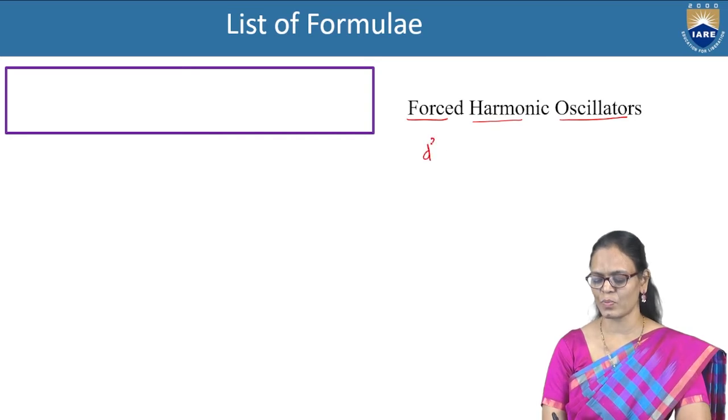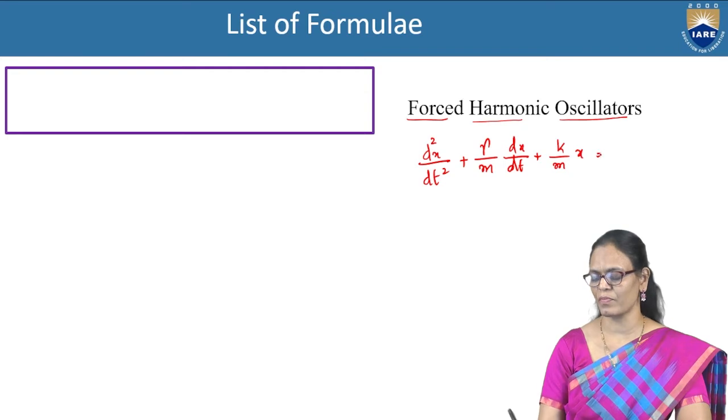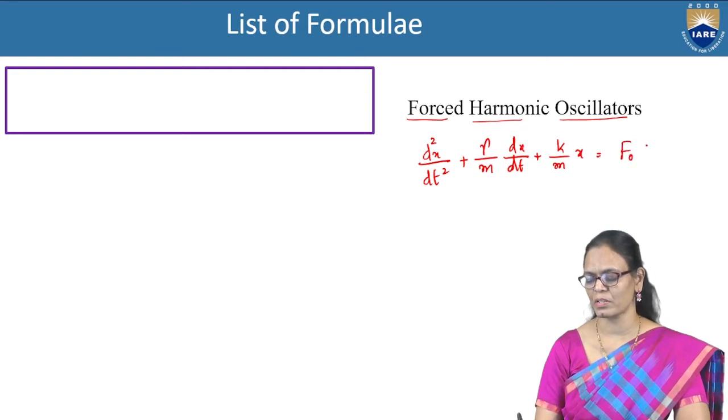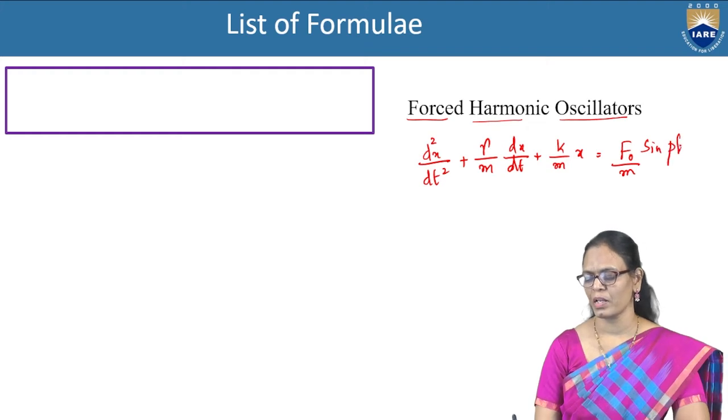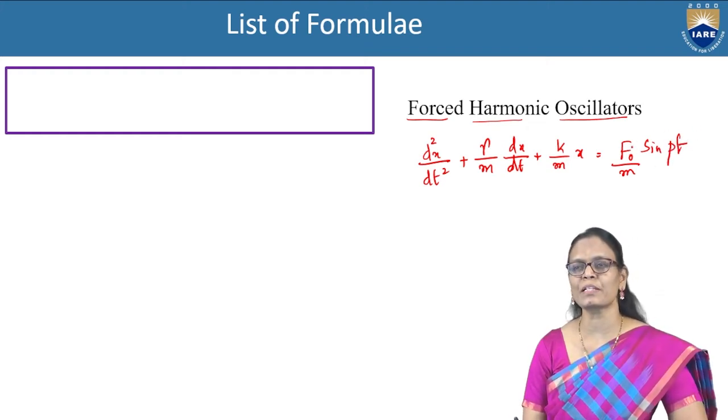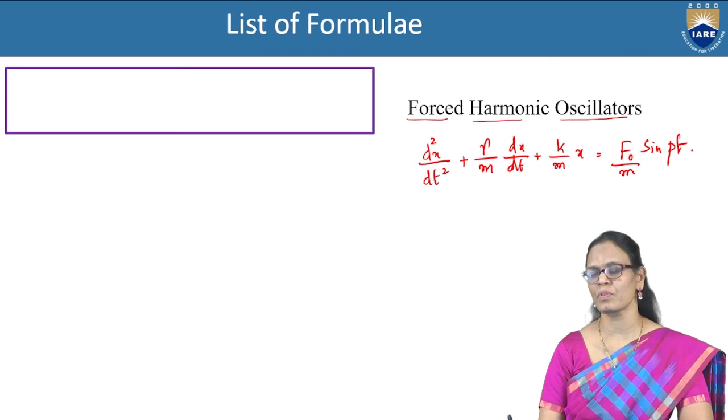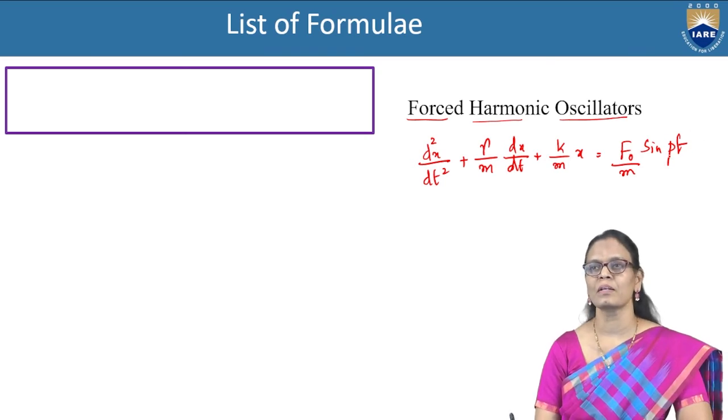We have d square x by dt square plus gamma by m into dx by dt plus k by m into x equal to f naught by m sine pt. Here f naught sine pt represents the external periodic force whose frequency is given by p.